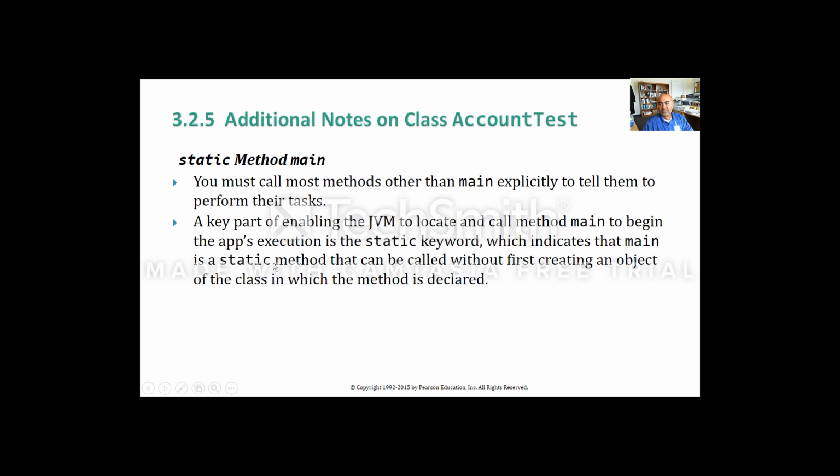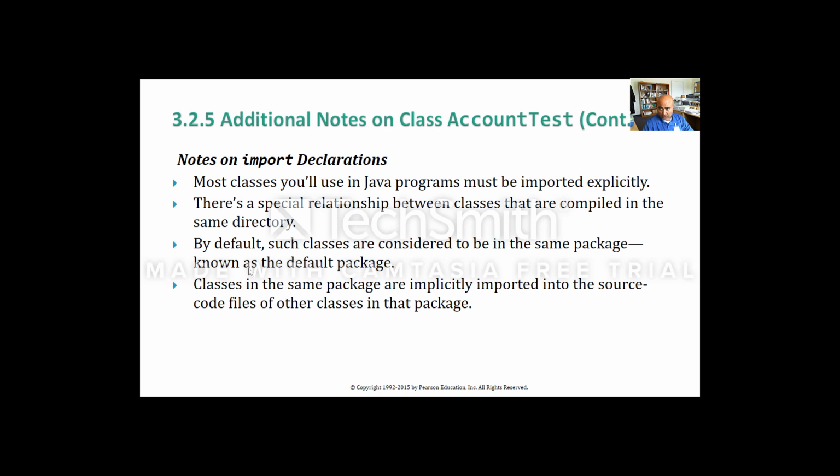The difference between a static and a non-static method is that in a static method, we do not need to create an object of that particular class. I can call it directly. That's why I can call public static void main directly without having to create an object out of it.